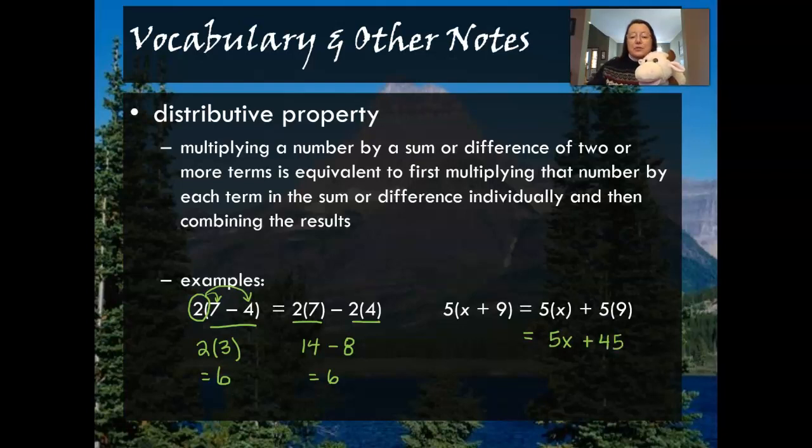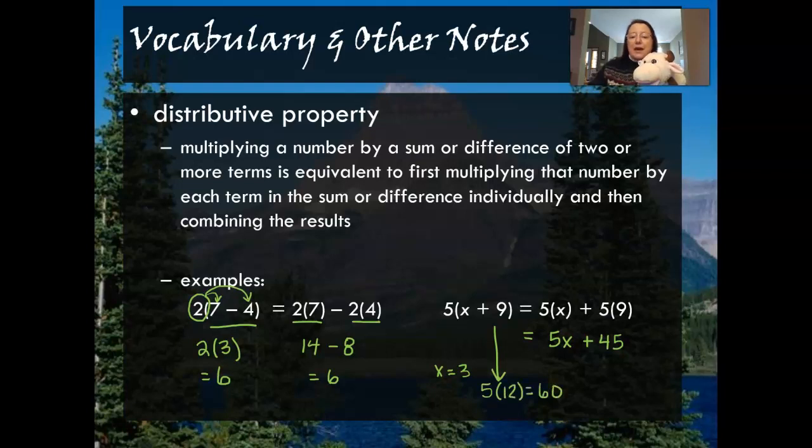If we wanted to prove this was true, we could assign a value to x. I'm just going to say x equals 3. I'm just picking a random number. And I can now solve for inside the parentheses. That would be 5 times 3 plus 9, which is 12. And that would equal 60.